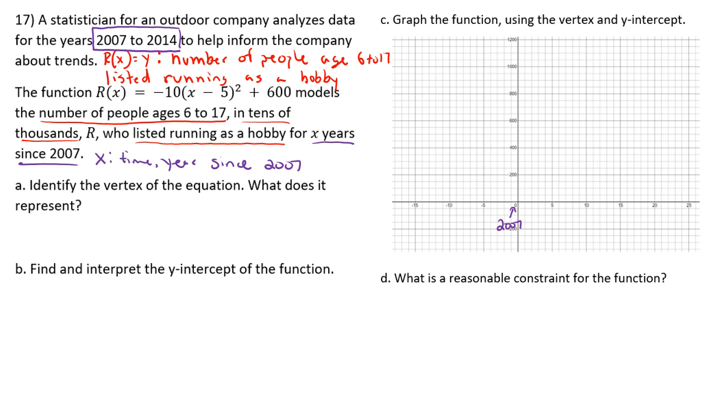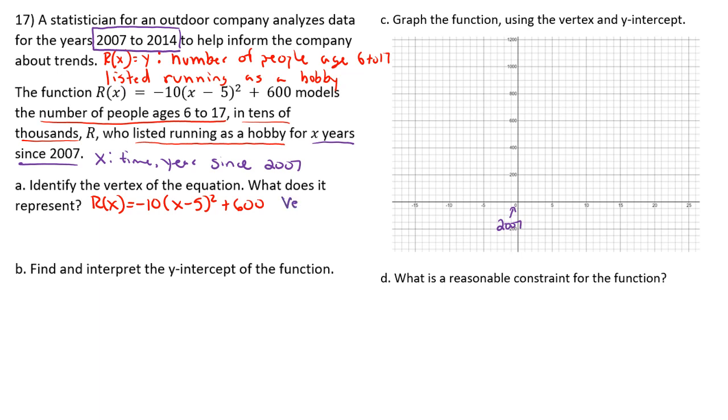We can go ahead and start answering some of these questions. It says, identify the vertex of the equation. What does it represent? So if we look at our equation, this equation is set up for us in vertex form. So vertex form basically has it set up so we can see the vertex.